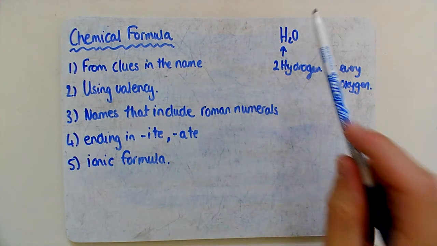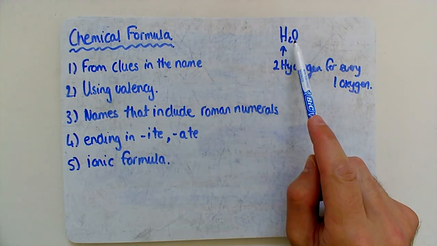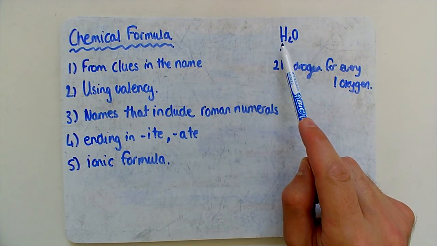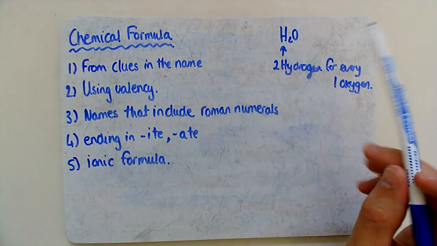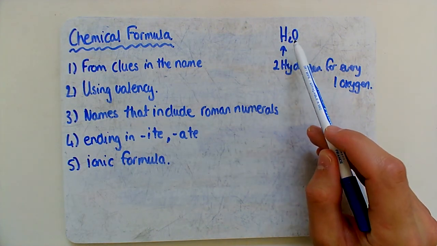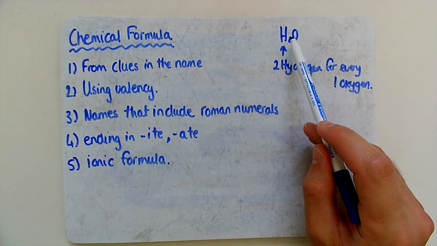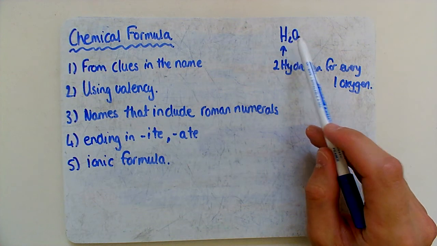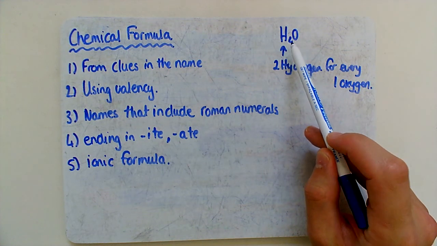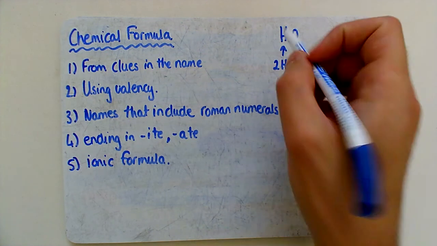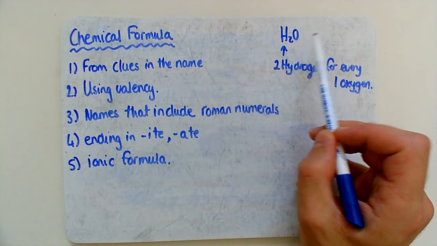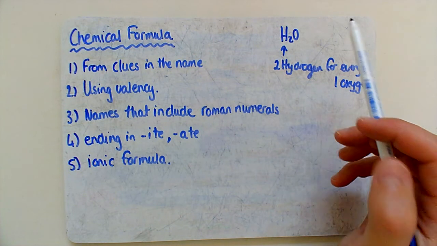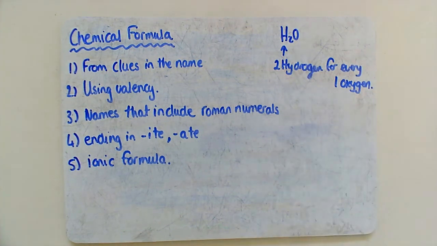And you'll note that the symbols are represented in capital letters, sometimes a capital letter with a small letter beside it, and the numbers that show how many there are of that element are written small to the right hand side. So that's a 2 for H2O. If a symbol doesn't have a number, then we have 1 of that element.